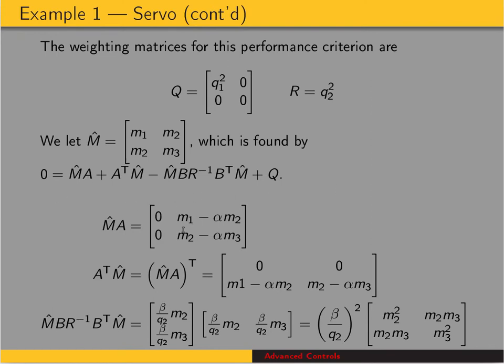And just substituting what we have for A and B and Q, we end up with this for M hat A transpose M hat looks like this, and then this term M hat B times R inverse times B transpose times M hat, we end up with this.